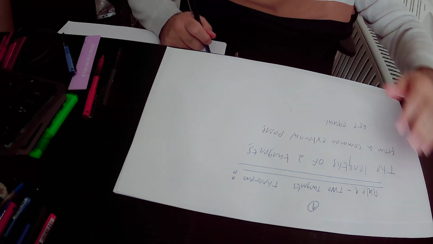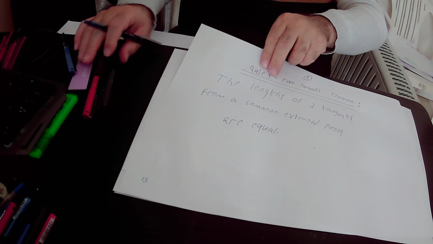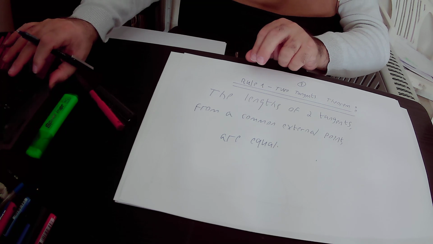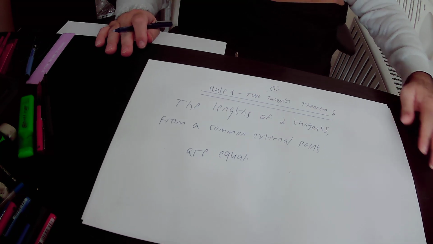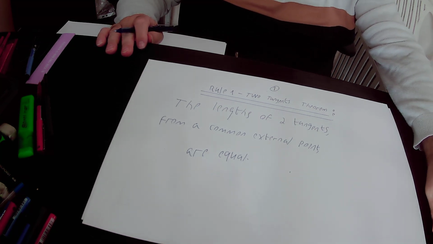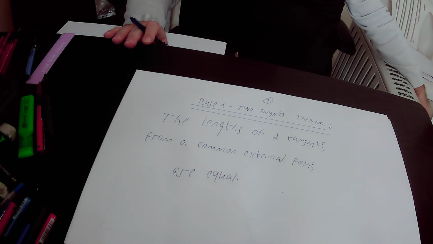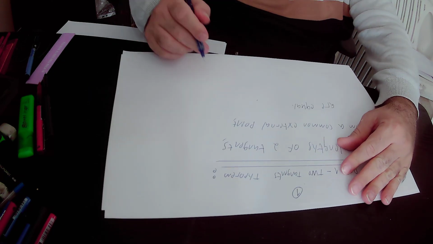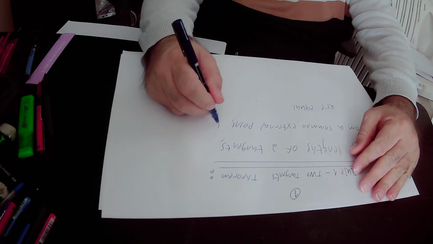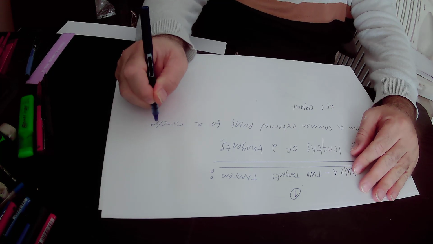So, I will read rule number 1, or two tangents theorem again. According to rule number 1, or two tangents theorem, the length of two tangents from a common external point to a circle are equal.